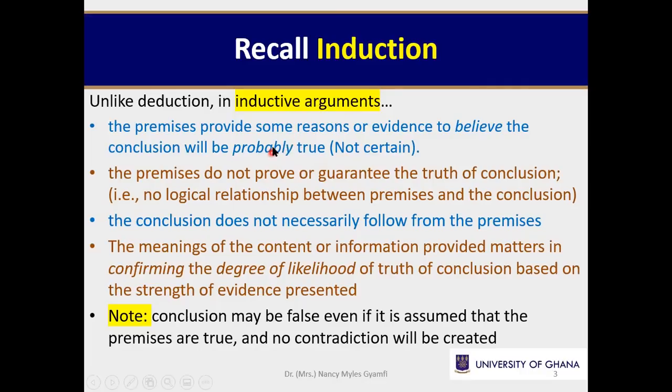Yet it is not a certainty. This is a probability because Nancy could be part of the 20%. So for an inductive argument, the premises only provide some good reason or evidence to believe, take note, it's italicized, to believe that the conclusion will be probably true.